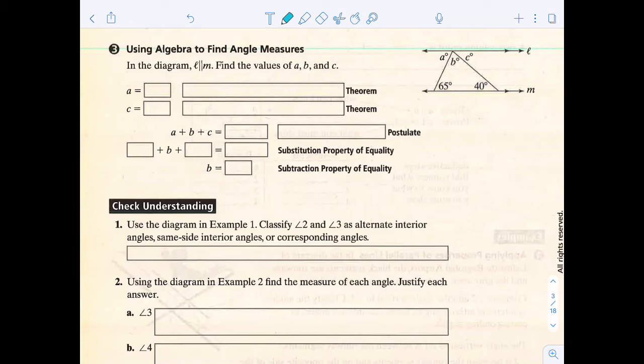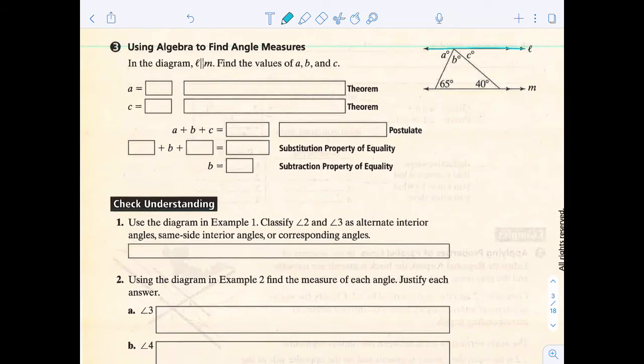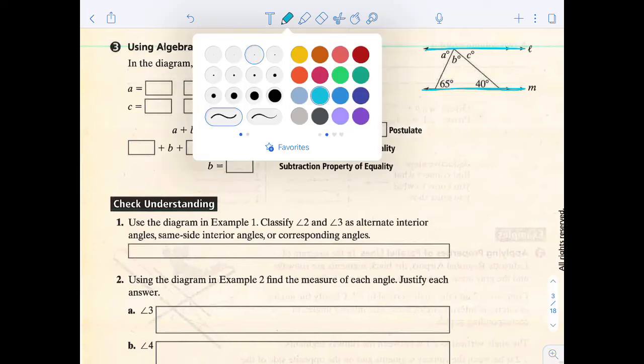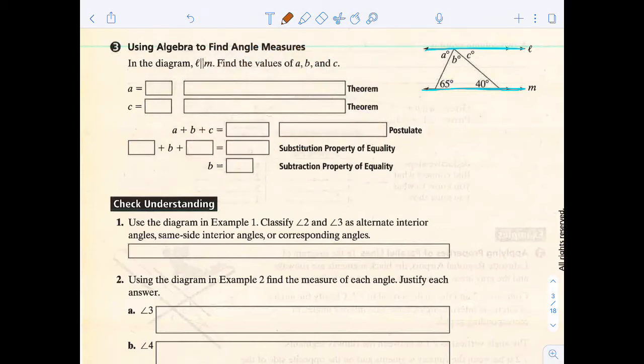If we look at this, let's focus just on the parallel lines. And then this one line, I'm going to extend it. So now I have a transversal, which we had before, it just didn't look the same as what we've been talking about. Angle A, well, if I look over here, I know that this angle is 65.